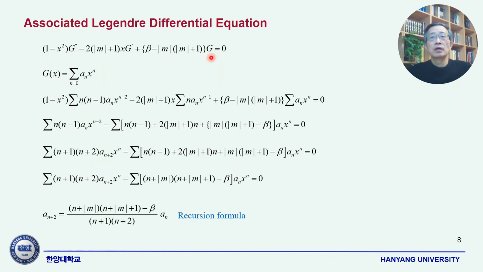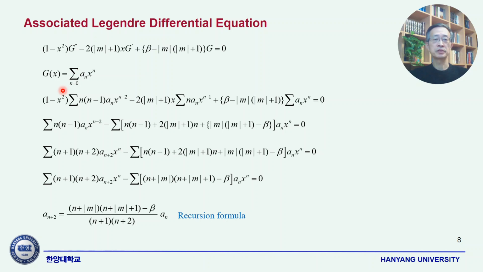Now we are going to use a method with series. So g(x) is in the form of a series, a_n x to the nth power. Okay? So there are the second derivative, first derivative, and just the function itself.